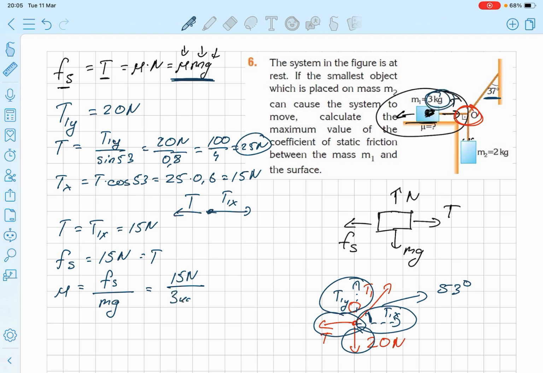So 3 kilograms times 10. It will be 15 over 30, or 0.5. Just a number, yeah? It has no units. So that's it. It is correct because we know that the coefficient of friction has values between 0 and 1, yeah?